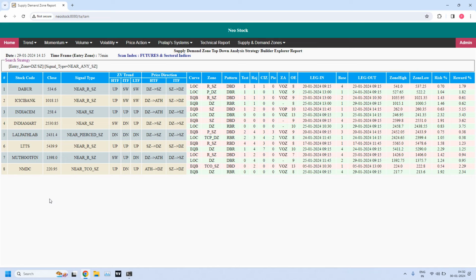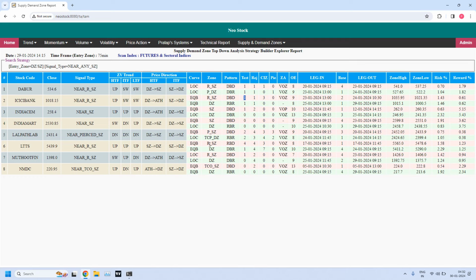8 stocks are filtered. So let us look for high liquidity supply zones. The first one, Dabur, is a high liquidity supply zone, tested once. Next one is ICICI Bank, also a high liquidity supply zone. It also has one test. And any more?